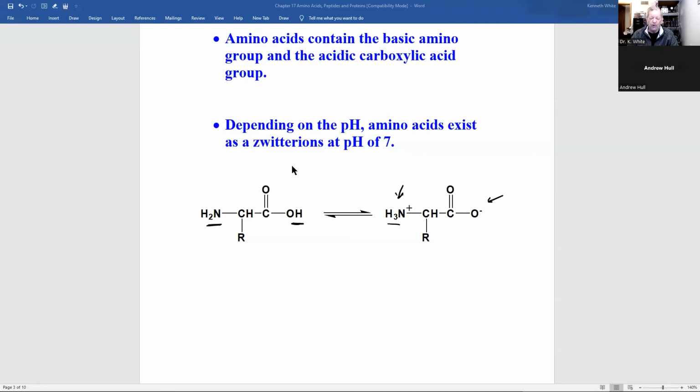So I got to think about it. If I look at this, Americans would pronounce it, I got to think about it again. Zwitterion, it's Zwitterion, which is German.